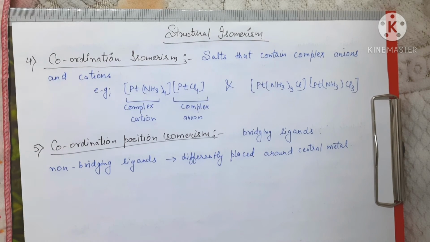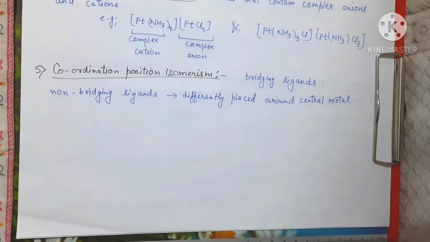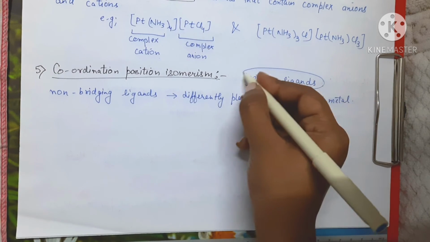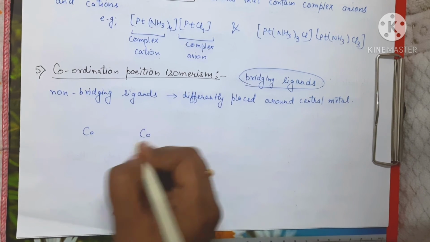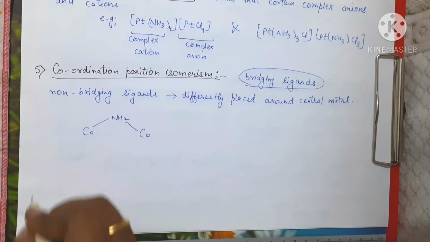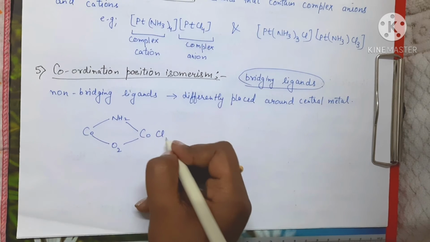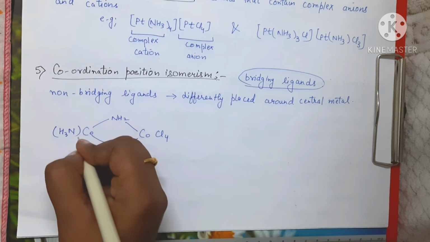So this we can understand better using an example. What you have to remember is that there should be bridging ligands present. So suppose I am taking 2 cobalt metals, and we have bridging ligands NH2 and O2, and these are the non-bridging ligands, (NH3)4.